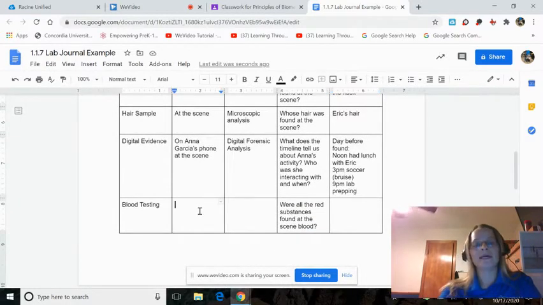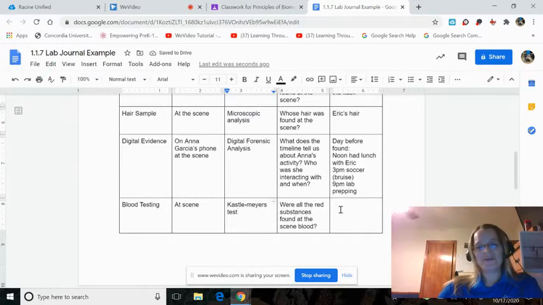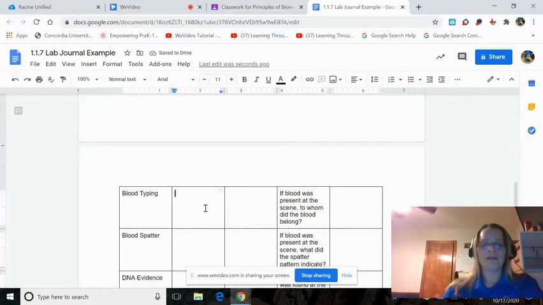Okay, so the blood testing, that was at the scene. What we did was called the Kastle-Meyer test. Well, we didn't do it, but were all the red substances found at the scene blood? Yes, they were. That's how you put it there. Blood typing, the location of that was probably in the lab.